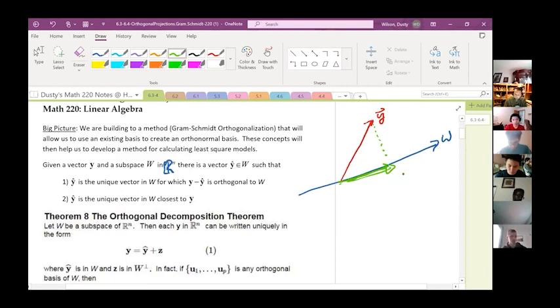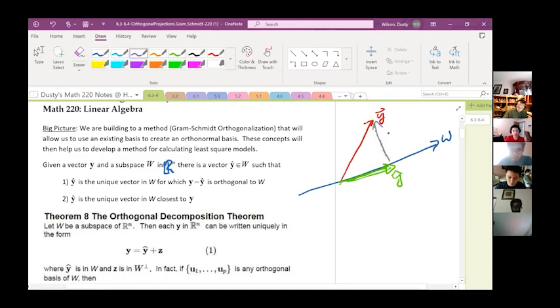It's the projection of Y onto W. And then we'll call the part that's left, we're going to call that Z. And the formula for Z is that it's equal to Y minus Y hat.